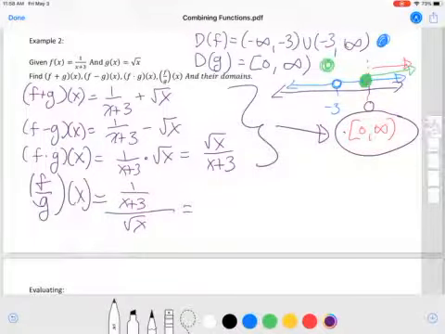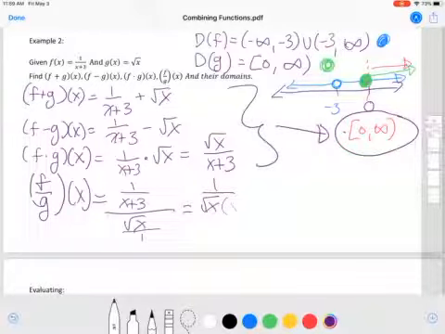I don't want a complex fraction, so I'm going to write this as the square root of x over 1, and I'm going to flip and multiply so that I write this as a fraction that is not complex. And then that's going to give me 1 over the square root of x times x plus 3 when I flip and multiply.